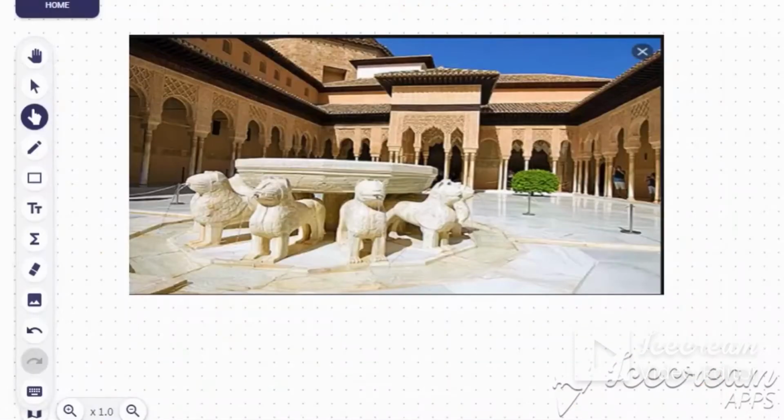Okay, wait. Now look, Miss, here we have a square of marble and this is the fountain, and here is the fountain you see, and here we have the 12 lions that support the fountain, 12 lions, statues of course, in the shape of lions and they support what? The fountain. Okay. Continue.